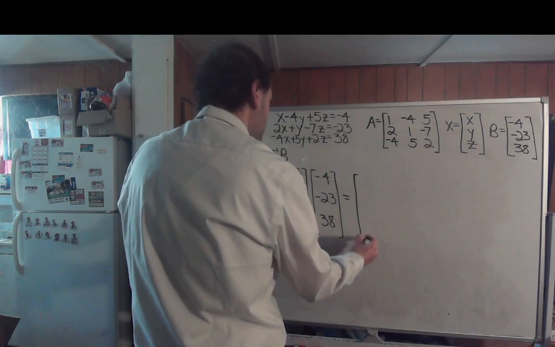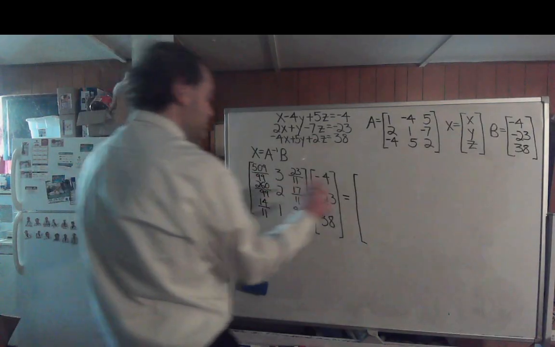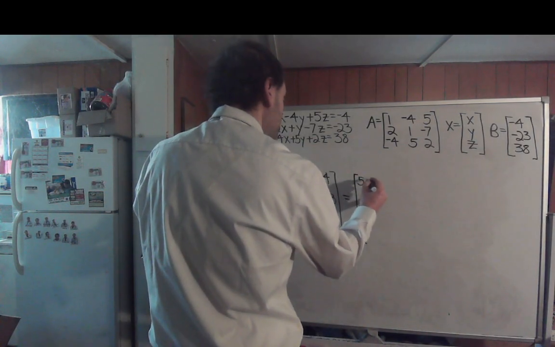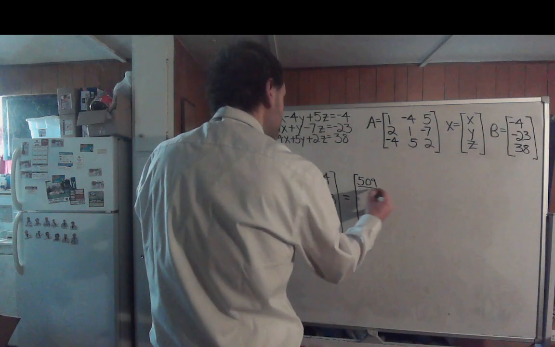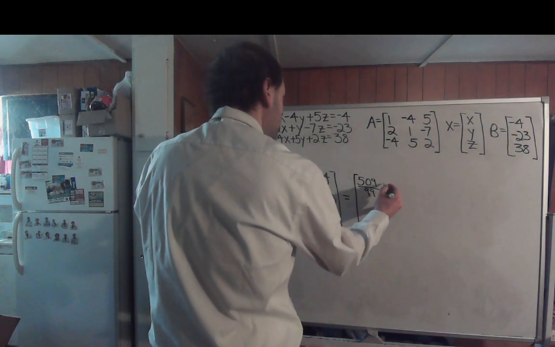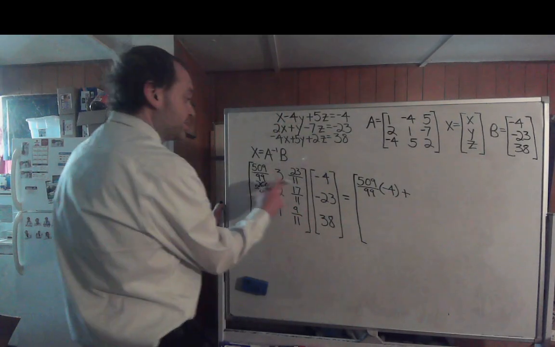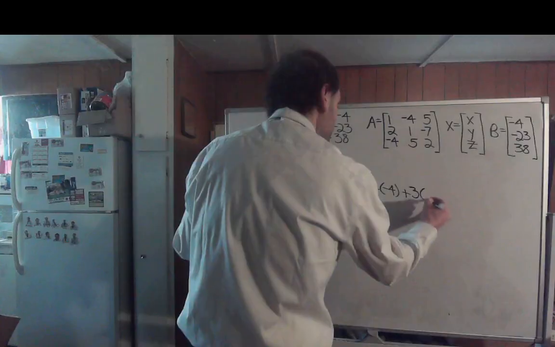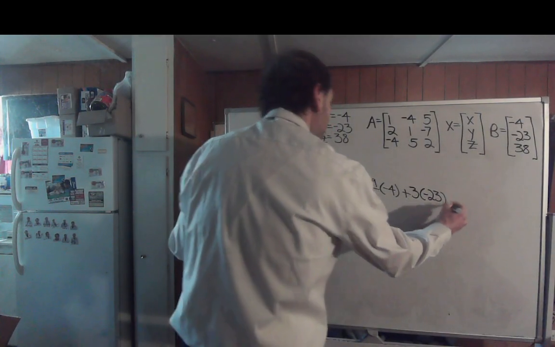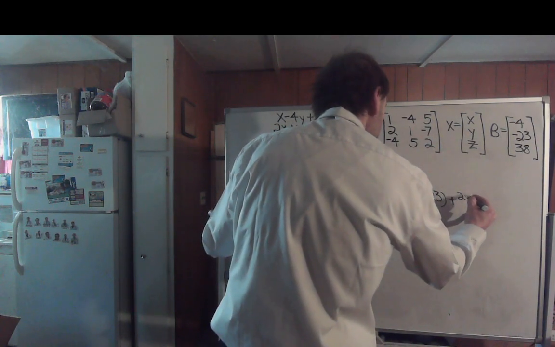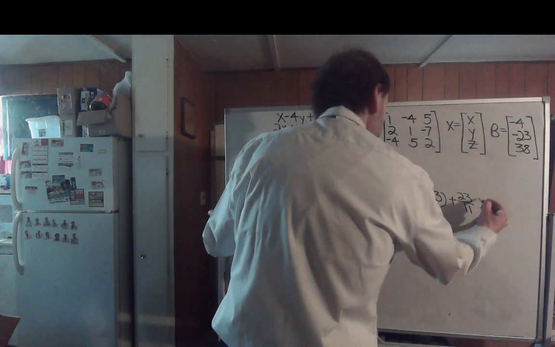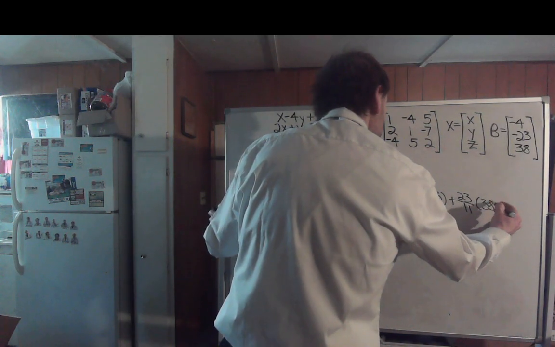So let's see. You'll end up getting 509/99 times -4 plus your 3 times your -23 plus your 23/11 times your 38.